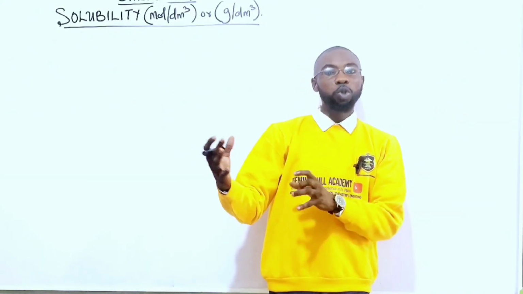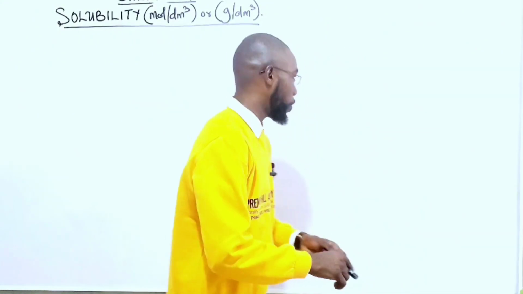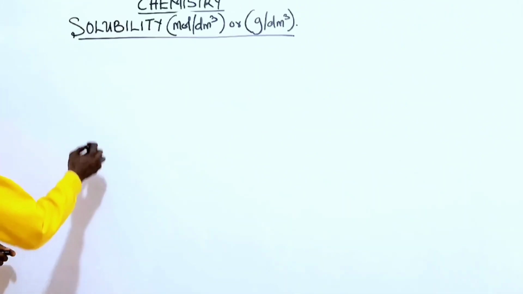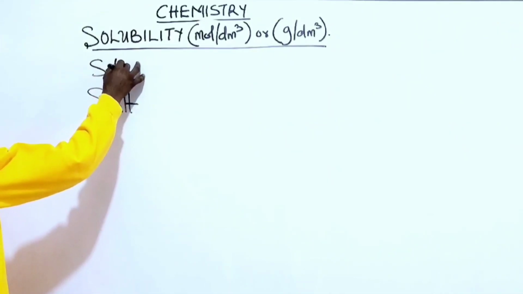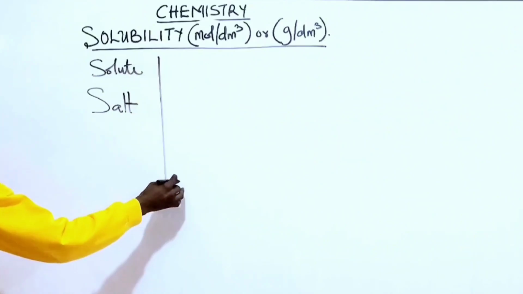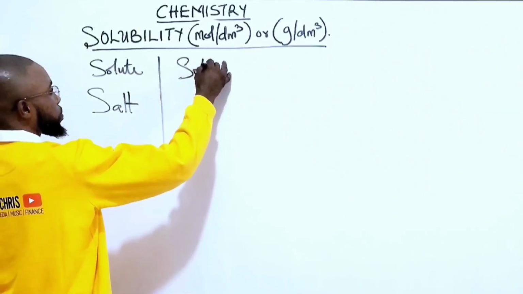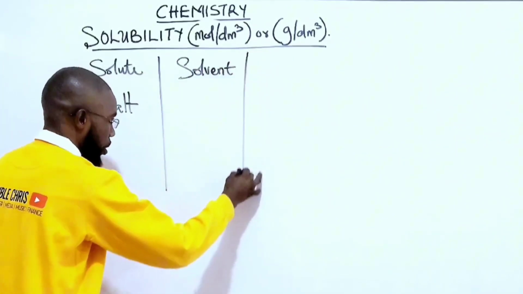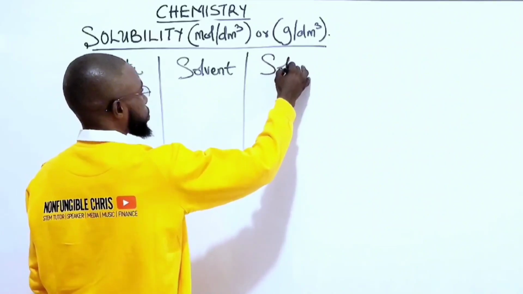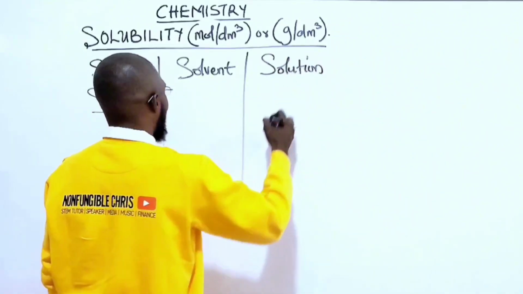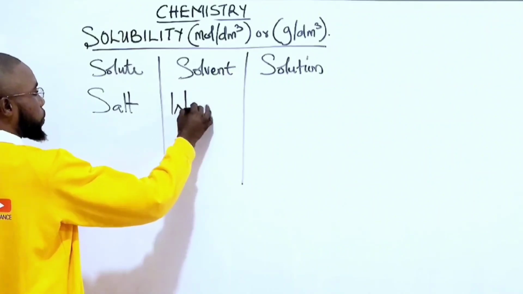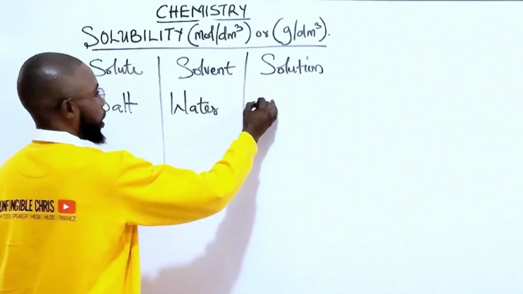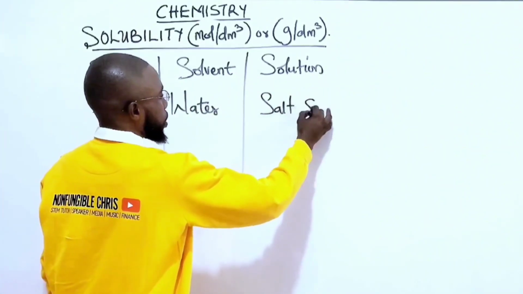So let's look at some common solutes, solvents, and the solutions they form. This is our solute, our solvent, and then our solution. If we take salt as our solute, dissolving in water, we are going to have salt solution.